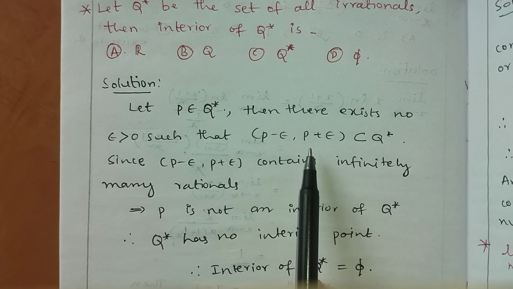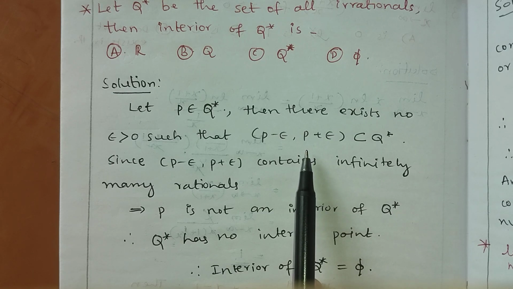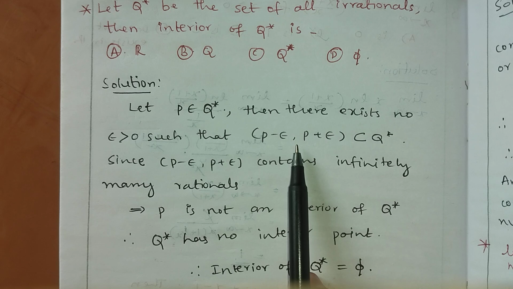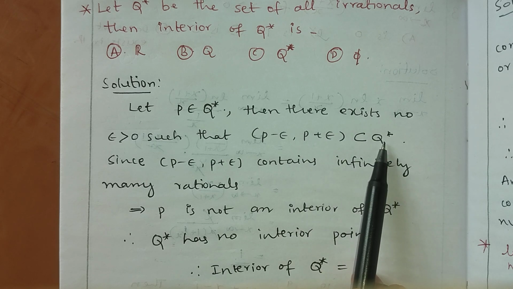So what do we mean by interior? The interior is the set of all interior points of a set. A point is said to be an interior point of a set if an open ball containing the point is completely contained in that set.